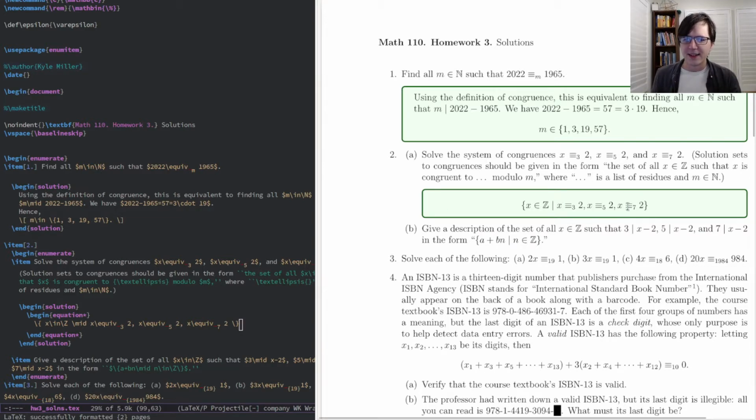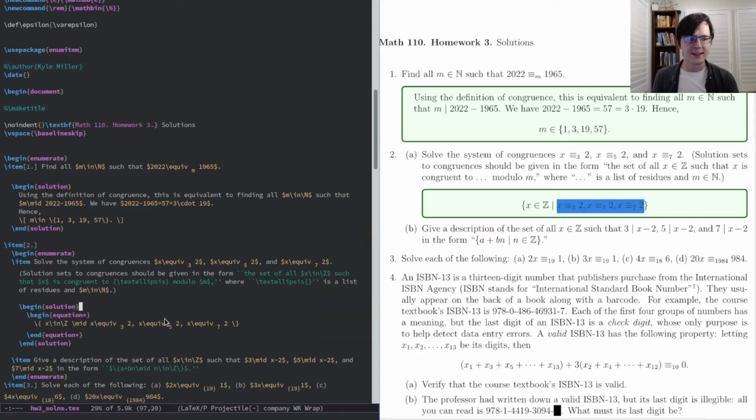So what we talked about in the lecture is that a solution of a system of congruences is when you bring it down into a single congruence. It's a good enough form for most purposes. So that's not satisfying that yet.